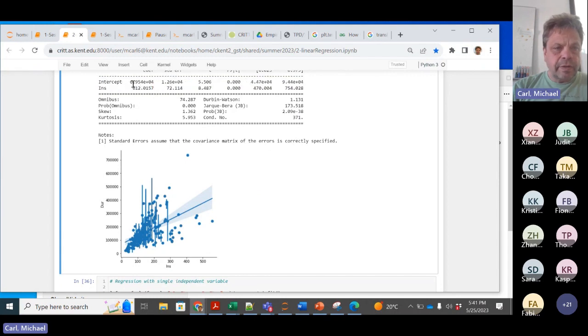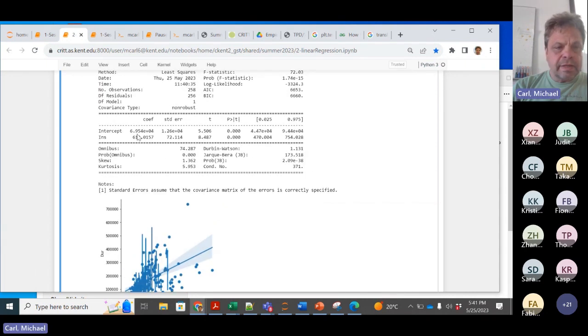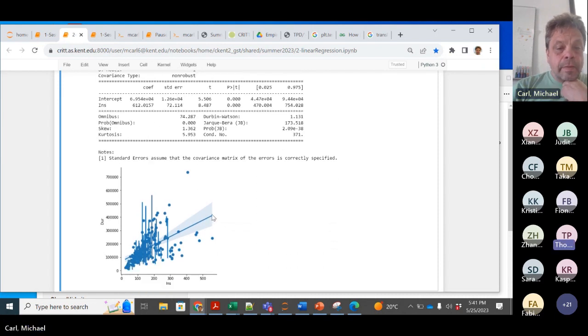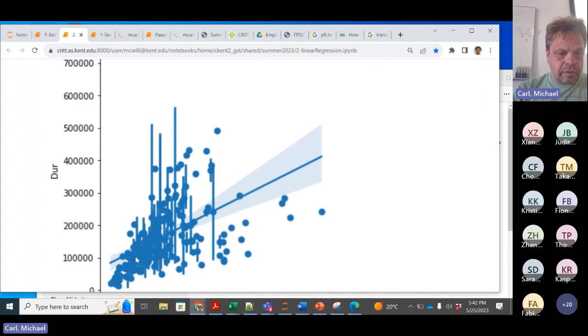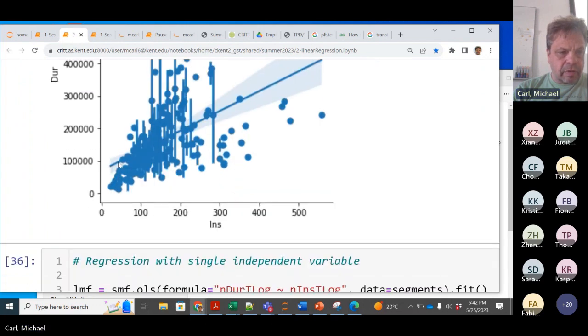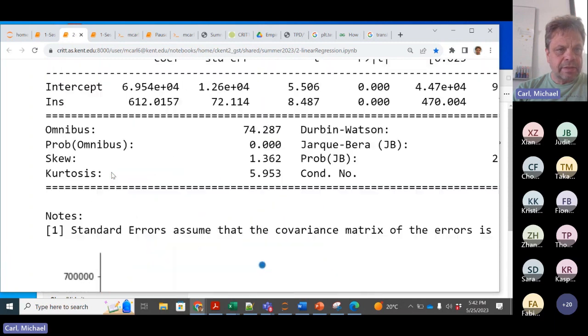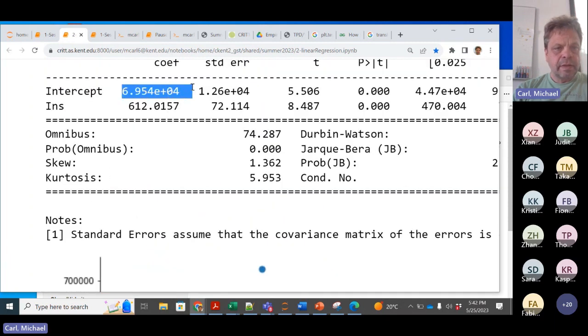So the intercept is where this slope crosses the 0 line. So the intercept is around 60,000. If we go further along this line, then this would be around 60,000. That's what this number says, 60,000.